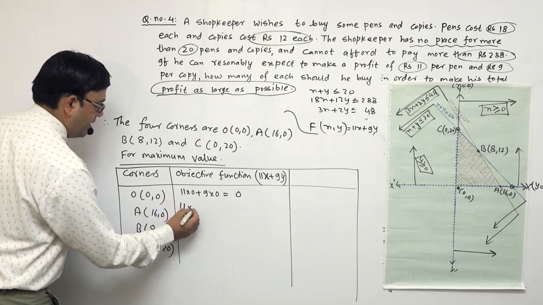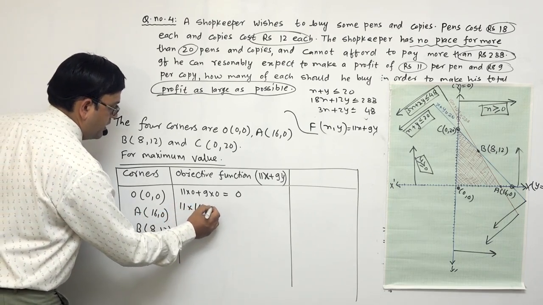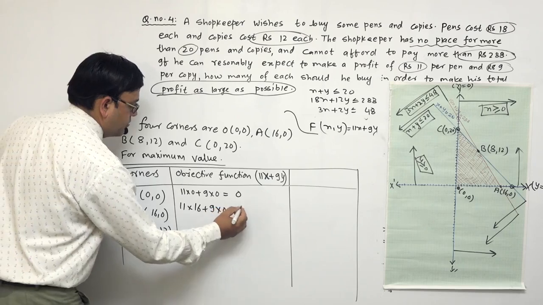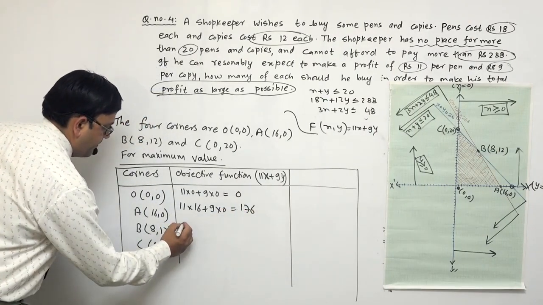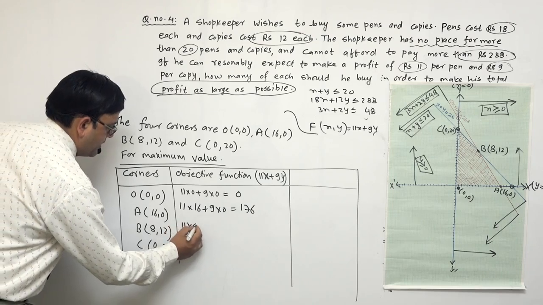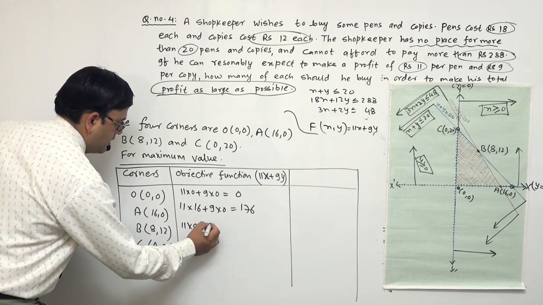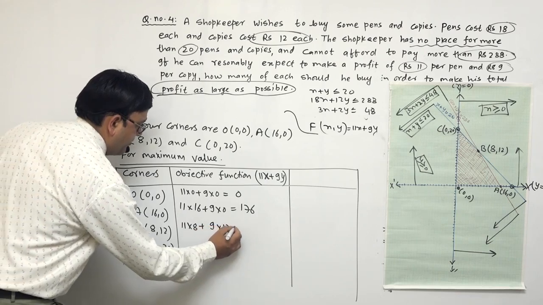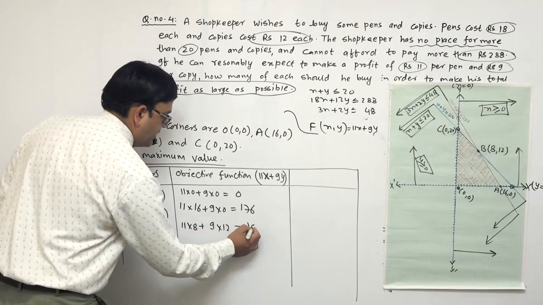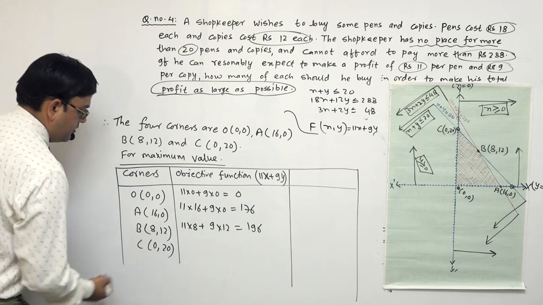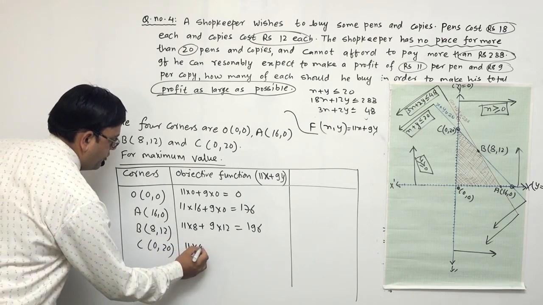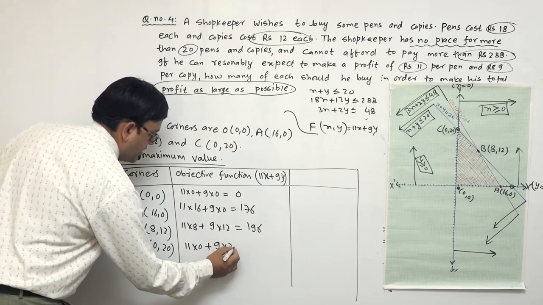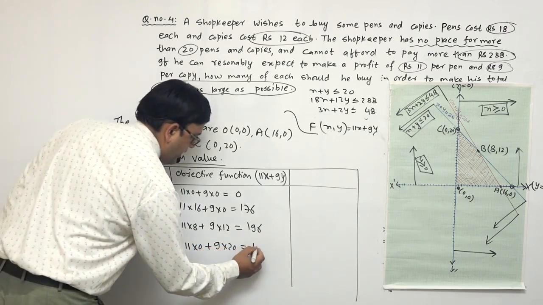So we can write 11 times 16 plus 9 times 0 is equal to 176. Similarly, we have 11 times 8 plus 9 times 12 is equal to 196. And then 0 20 is 11 times 0 plus 9 times 20 is equal to 180.